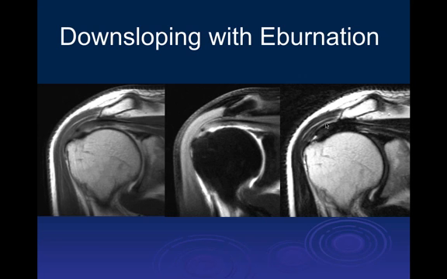There was a debate quite a few years ago as to whether these tears of the supraspinatus tendon start on the bursal side or the joint side surface. And Neer really popularized impingement as being a primary source of rotator cuff injury.